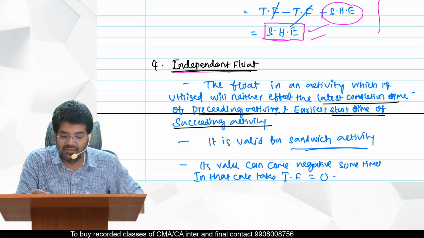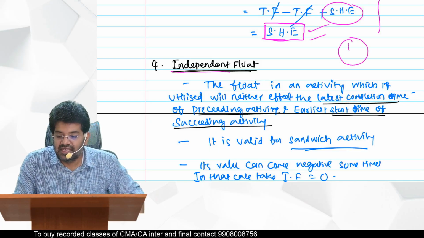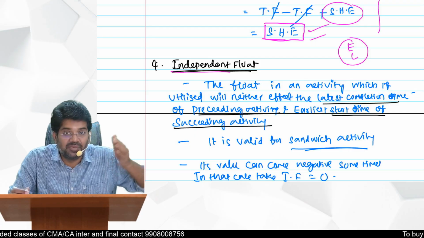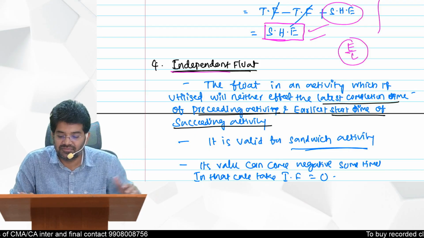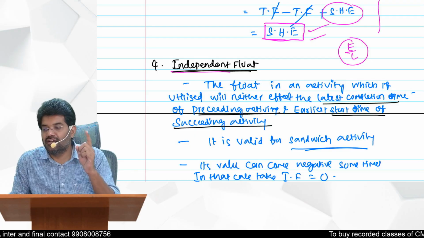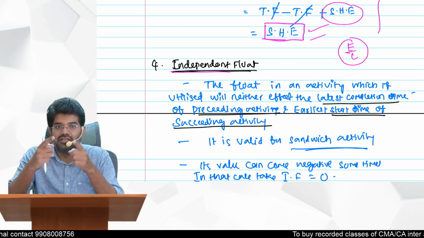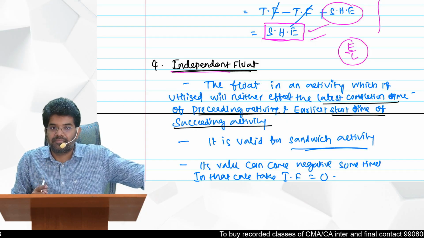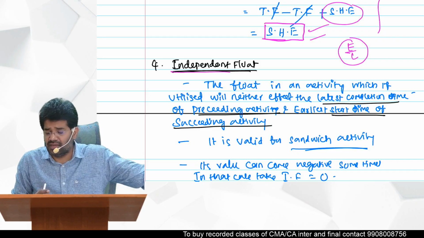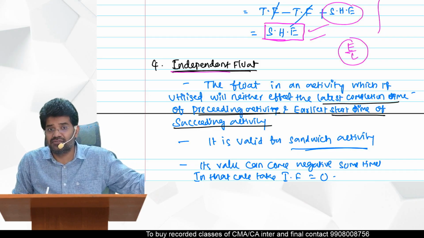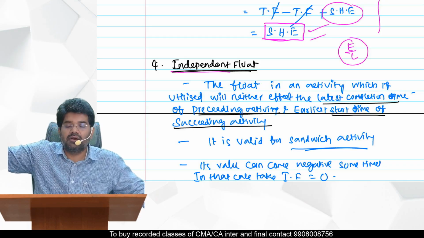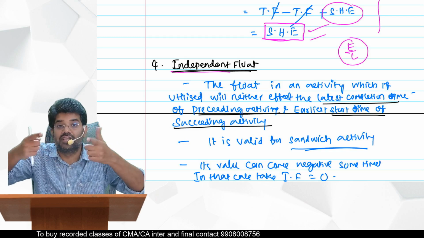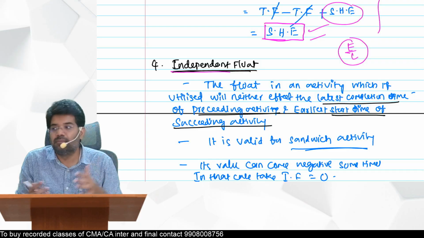See, always in our event, E represents the succeeding activity's earliest start time, L represents the previous activity's finish time. So if you utilize that float, it should not affect your previous activity's latest finish time and the earliest start time of my succeeding activity. Both should not get affected. That type of float is called independent float.